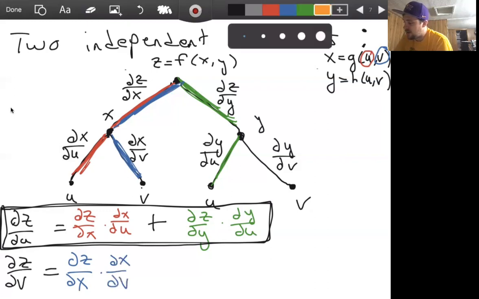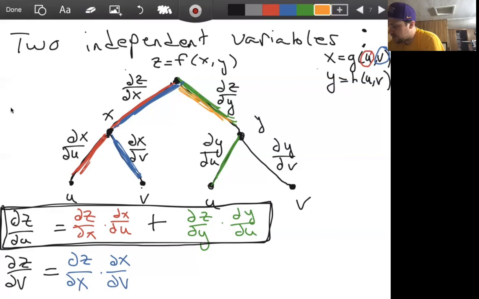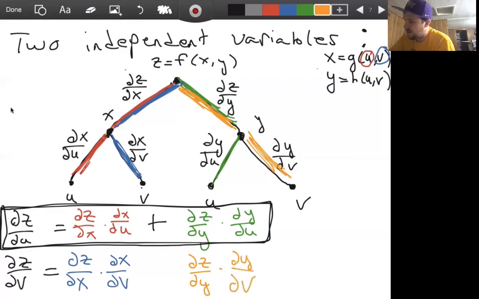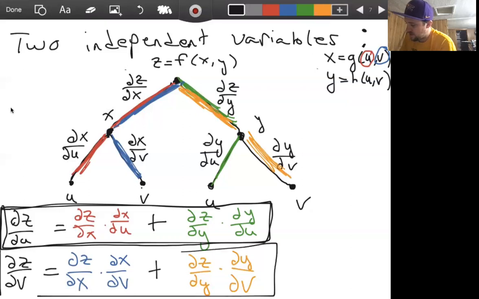And then I want to go down the y branch and also end at a v node. So the first branch I go down is partial z, partial y. And then to get to v from y, I go down partial y, partial v. And this is my formula for partial z, partial v of the multivariable chain rule.